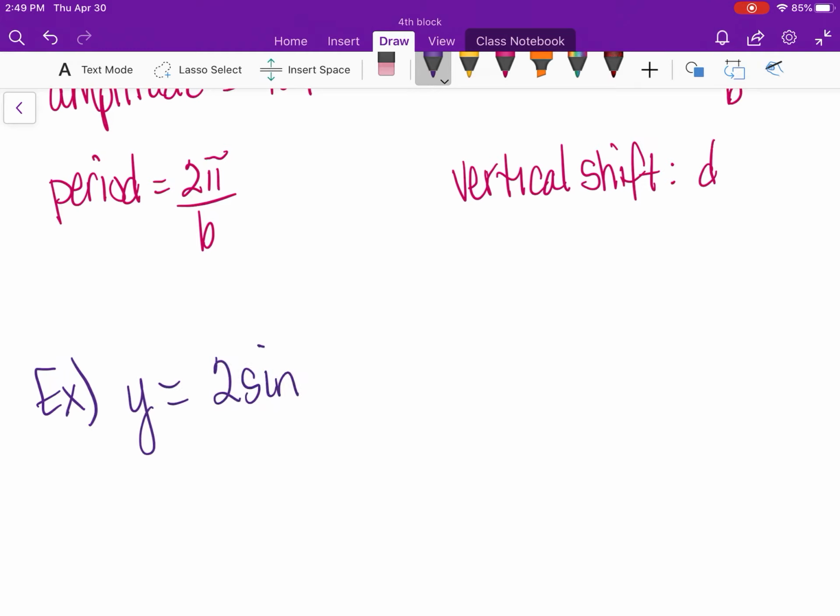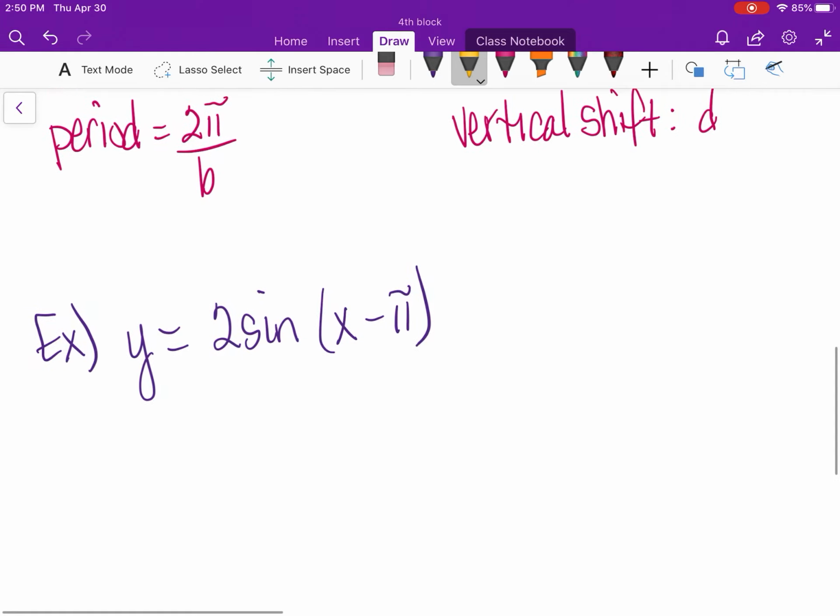So we're going to have the equation y equals 2 sine of x minus pi, and actually I'm going to change this.